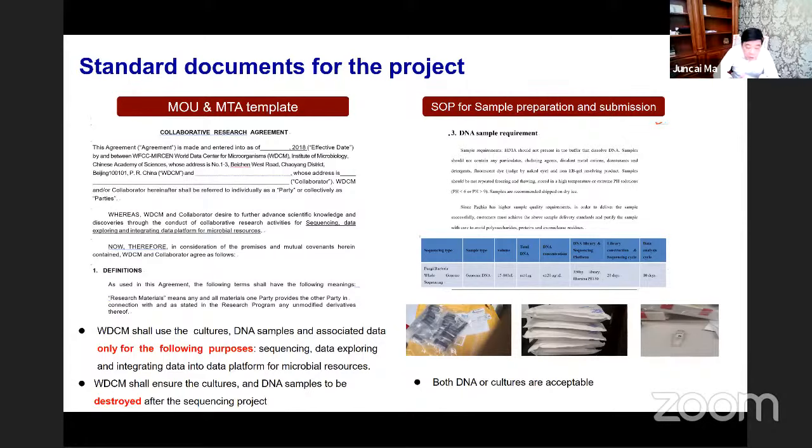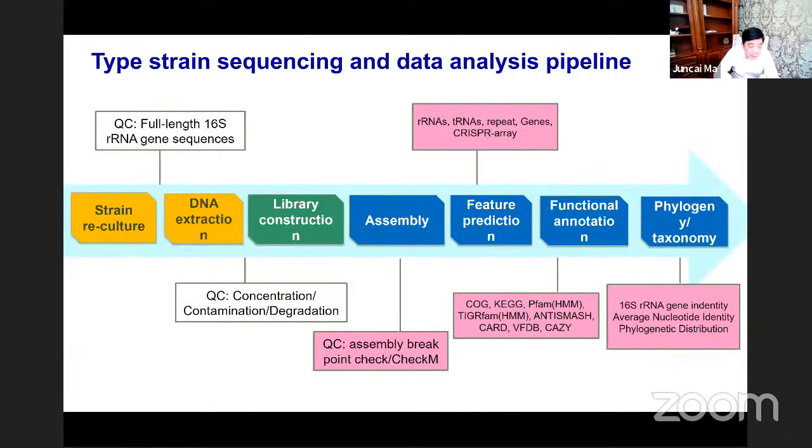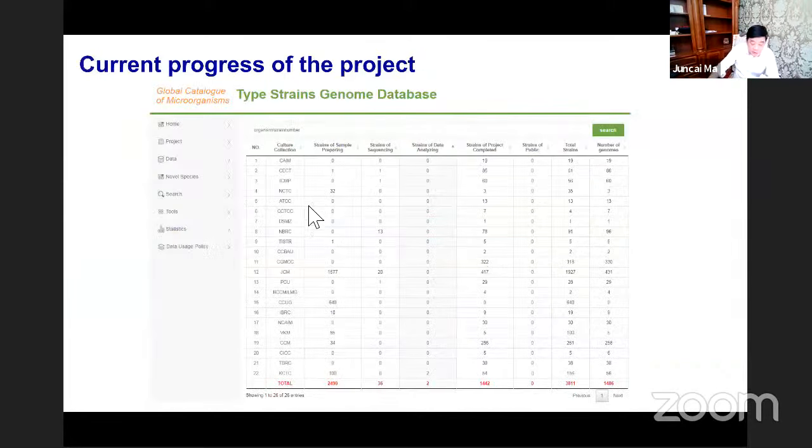Through the international working group, we also developed several SOPs for this project, and the type strain sequencing protocol and the data analysis pipelines, from strain recultivation, DNA extraction, library preparation, assembling, and so on. So everything is standardized.